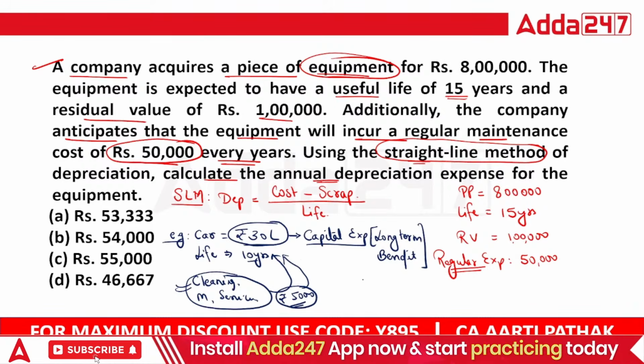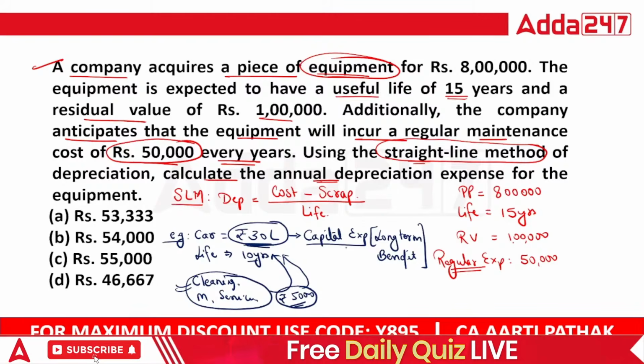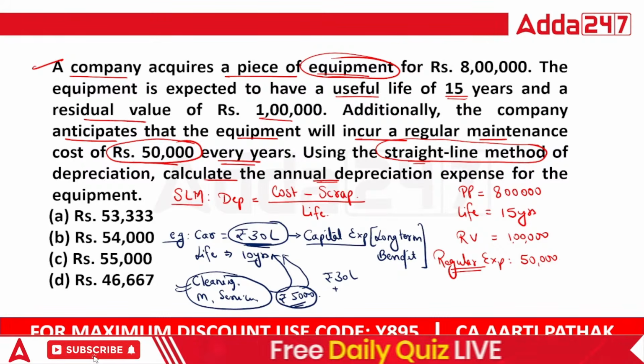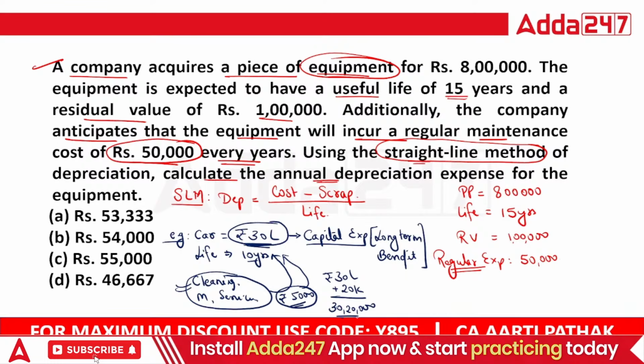So suppose, let's say after 1 year, your friend asks you what is the amount of this car? Means how much you have paid for purchasing this car. So are you going to say rupees 30 lakhs plus 5,000 for first half, then second half 10,000. So this is your 20,000. So are you going to say 30 lakhs 20,000 as your cost?